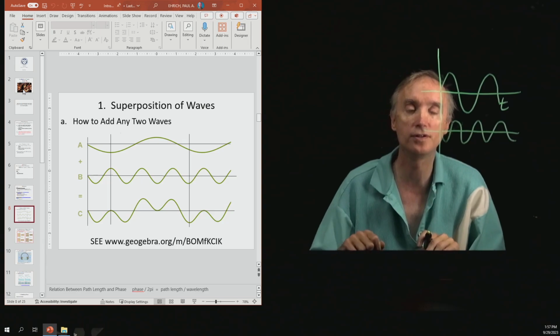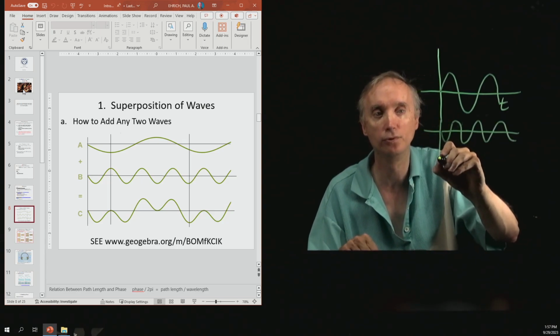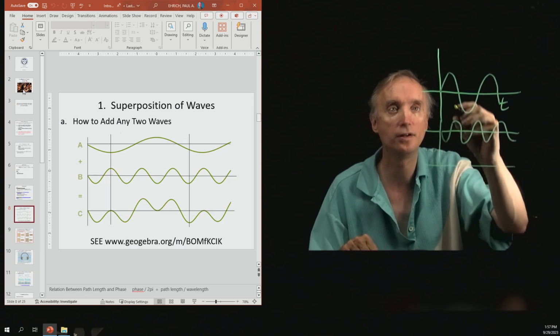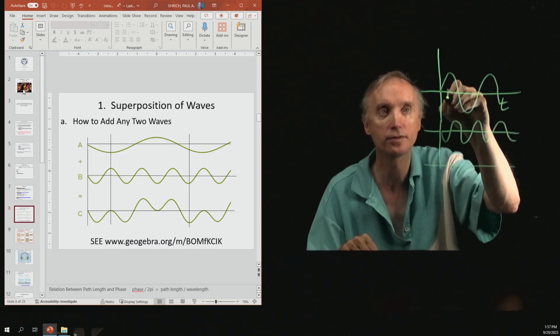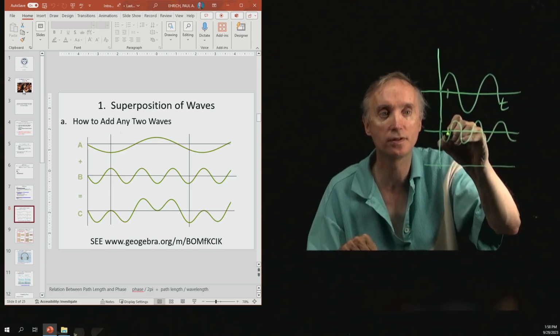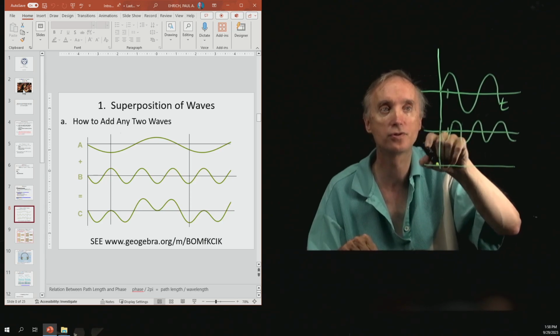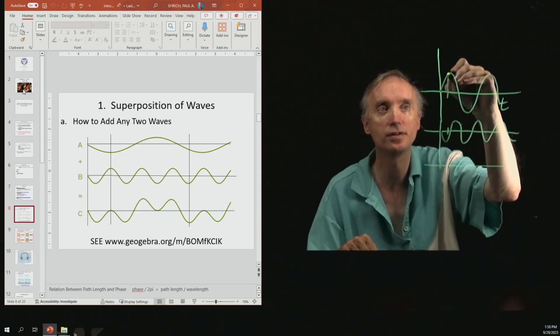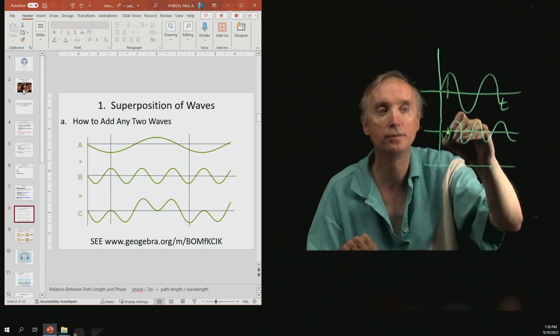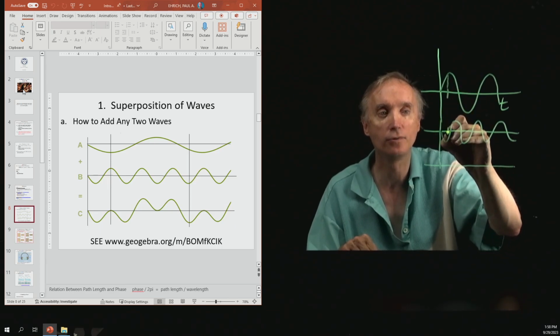Then what you would do is you're going to need to have a ruler, and pick out a spot at the same distance from the origin here, and then measure that distance up, and this one is going down.